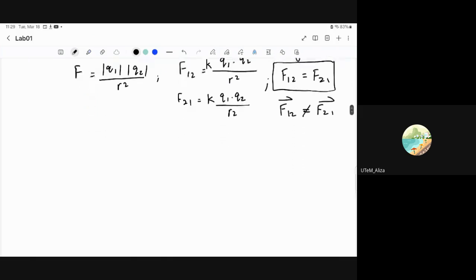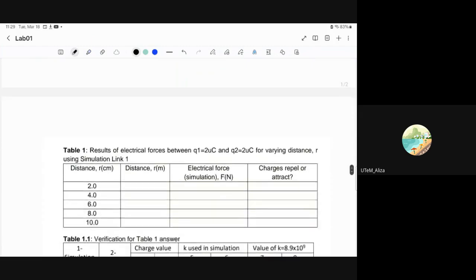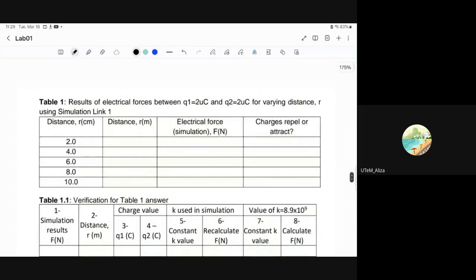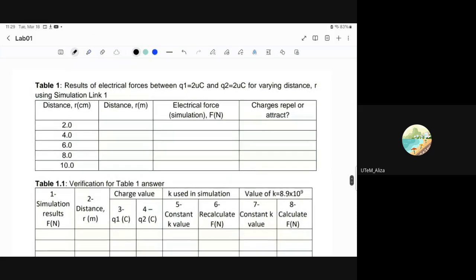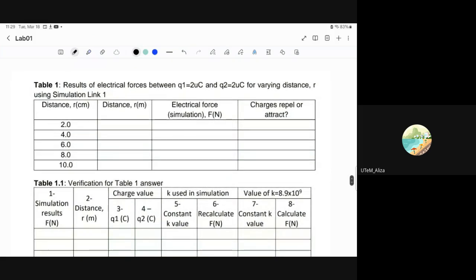Okay, let's move on. You have to fill in this table 1 and table 1.1. You need to do the simulation setup and then observe the values. I will show you only one example, and later you will try it on your own.